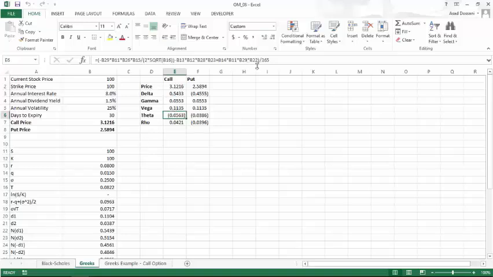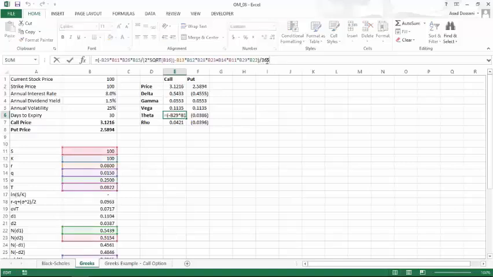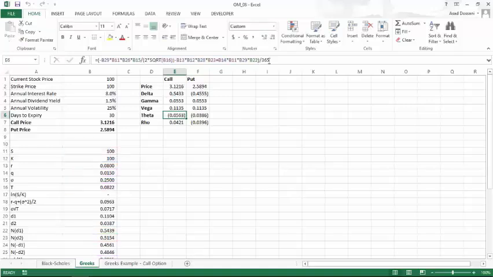I've added this divided by 365 over here, and for rho I've added this divided by 100, and I want to explain what that means. When we talk about theta, we're looking at how the option prices change as time to expiry changes. So it's the time decay. As time passes, what does the option value change by?